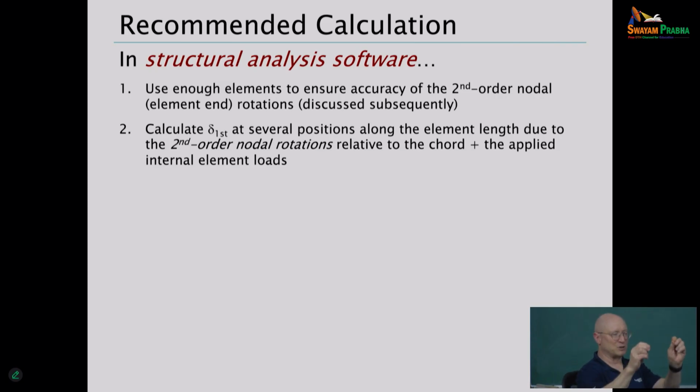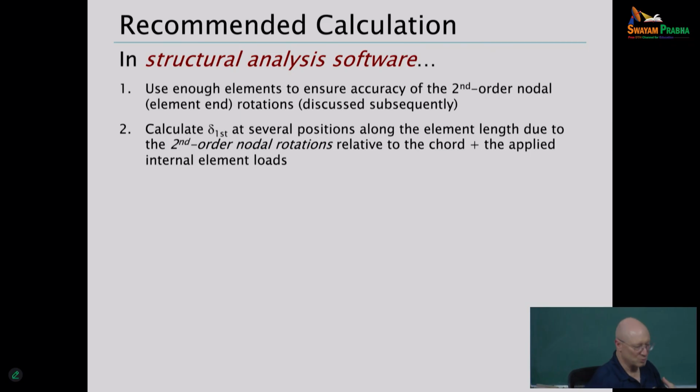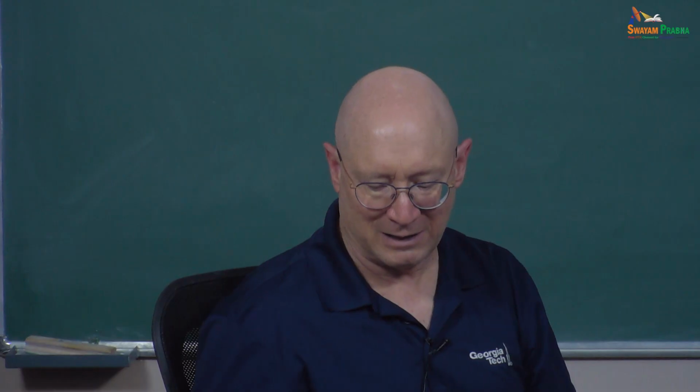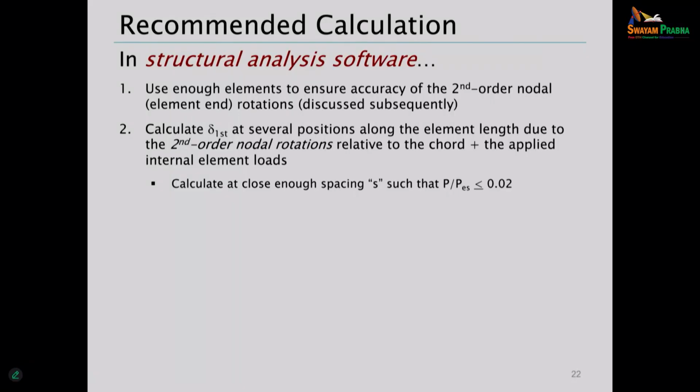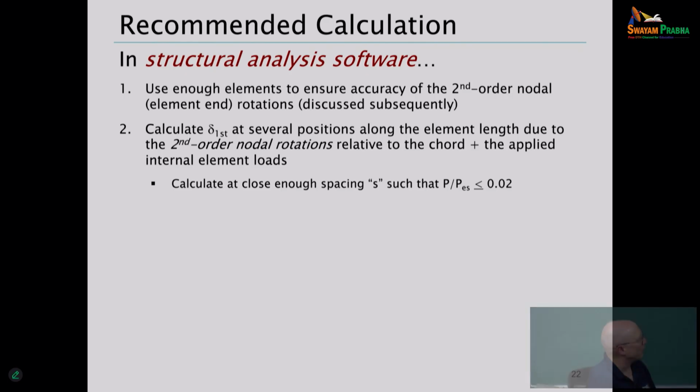You just use a first order calculation, no P small delta, to get a delta first there. Generally, even if we're doing a rigorous differential equation solution, unless we're going to derive where the maximum is, we would have to sample.